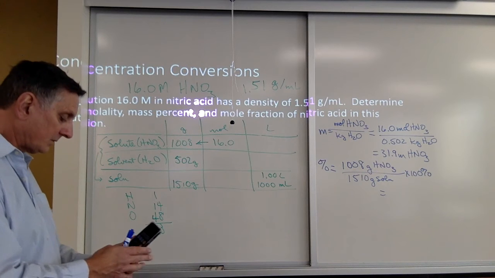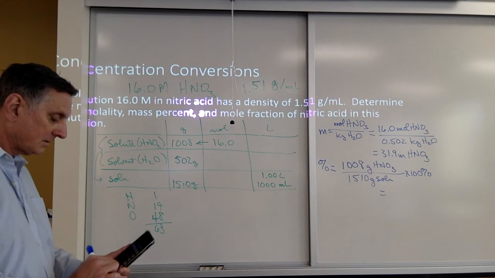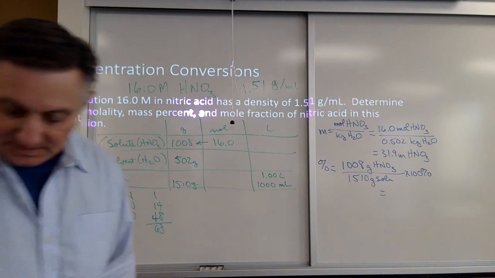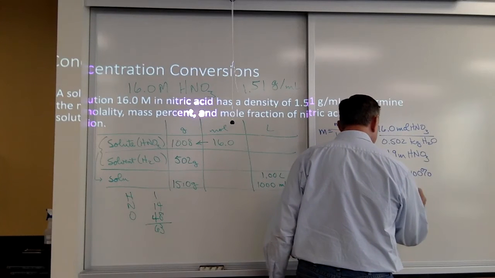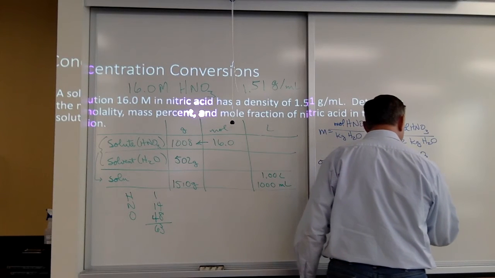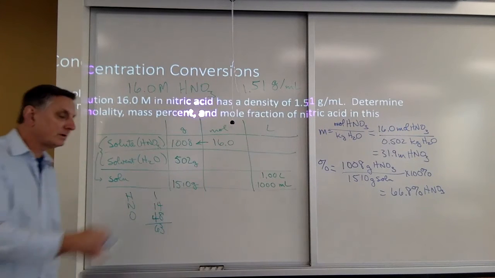So this is 1008 divided by 1510. 0.6675 or 66.8% HNO3. Notice that I'm writing out the unit each time.